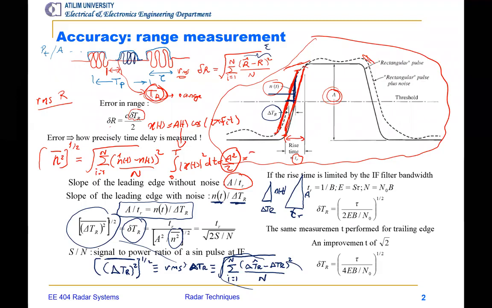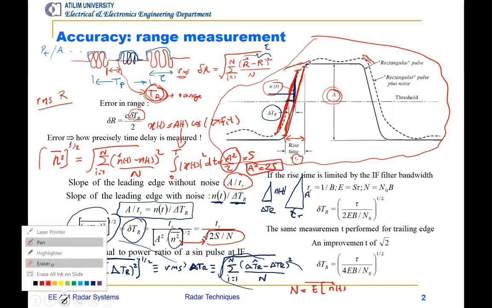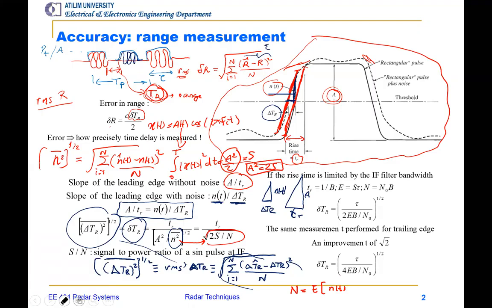If we equate this to the power S, then a squared is going to be 2S, 2 times the power. So we can then simply convert this into a power form, and the noise power for a random process is simply the expectation of n of t squared. From probability theory, we know it is actually the variance of n of t.